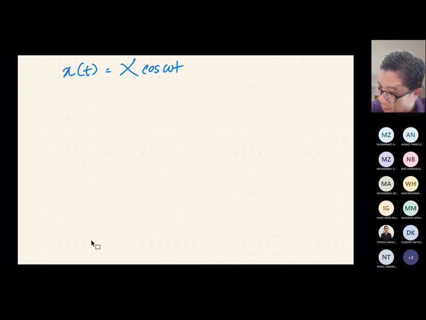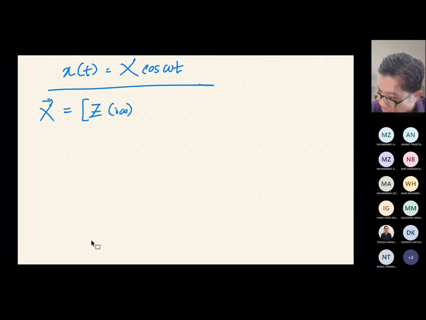So from the impedance equation, we can rearrange. X equals Z of i omega to the power of minus 1 times vector F. It's moved from this side to here, so you need to do the inverse.